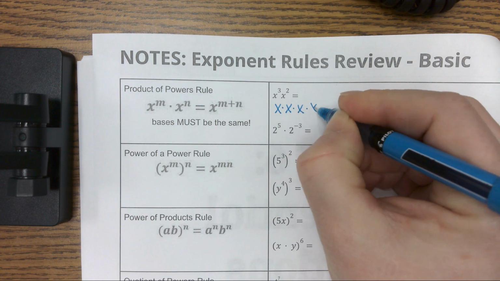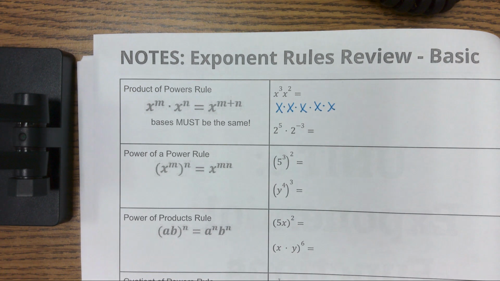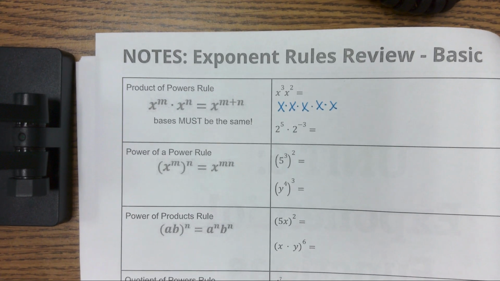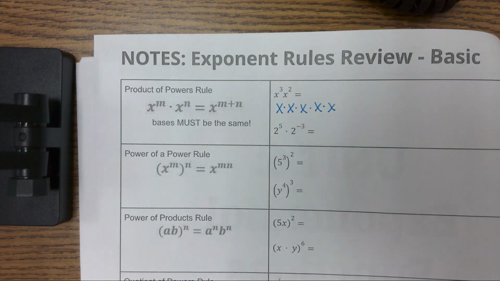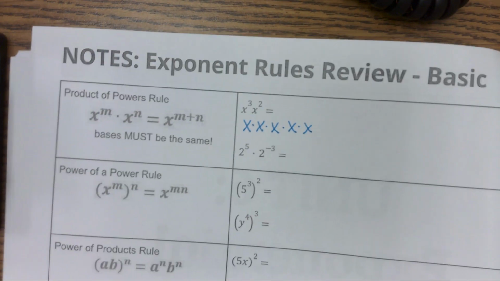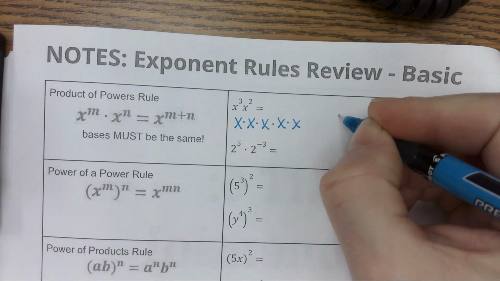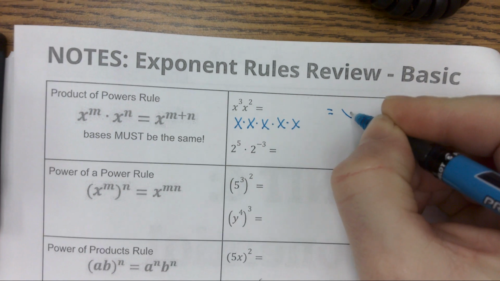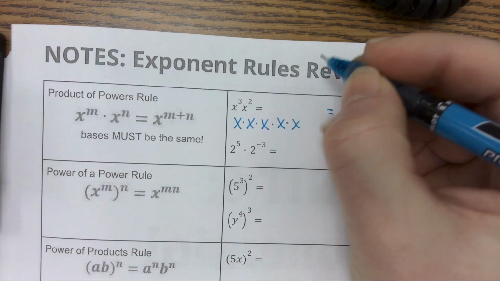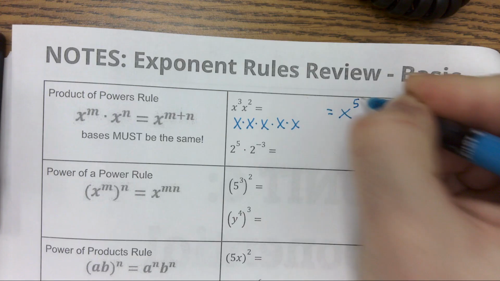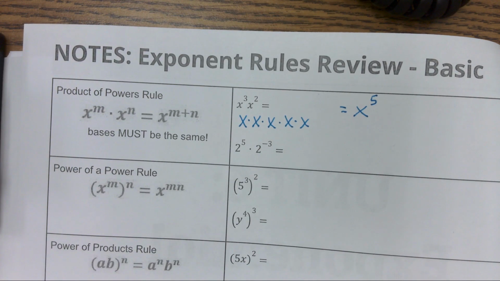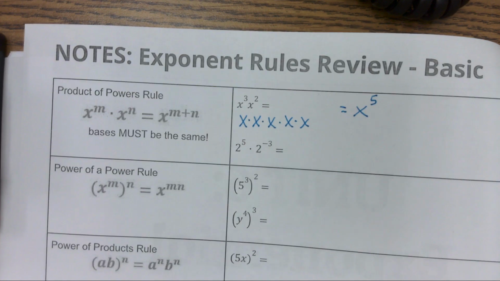X times x. So if I wanted to write that as one exponent, that would be x to the 5th power. Okay. So the shortcut is when you have the same bases.